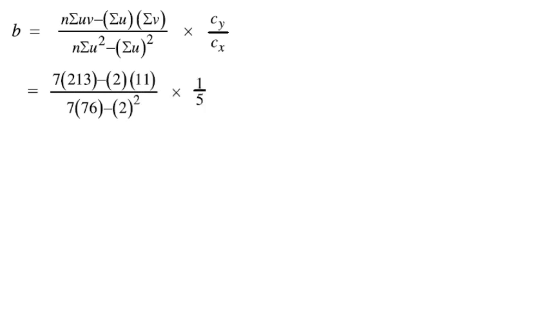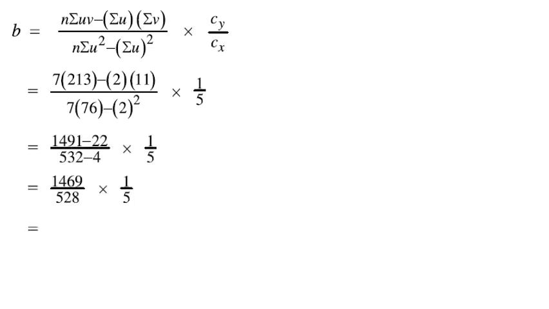Cy was divided with nothing, so we will keep it as 1. Cx, that is x, was divided with 5, so we will take cx as 5. Rest of the totals we have put into our equation. Multiply, square, subtract, and that way you will get your answer as b is equal to 0.56.